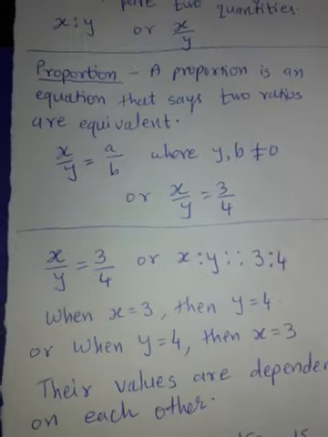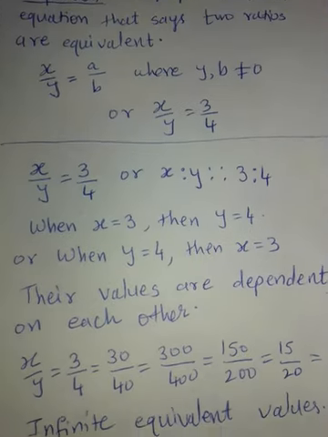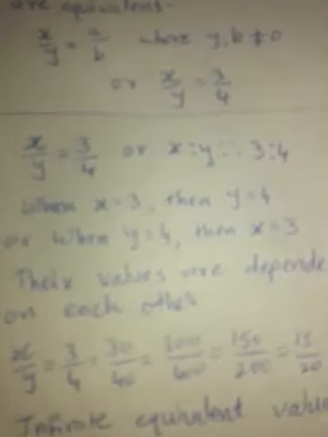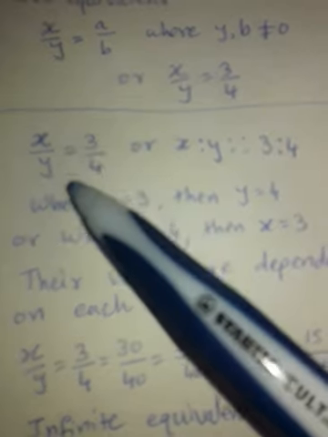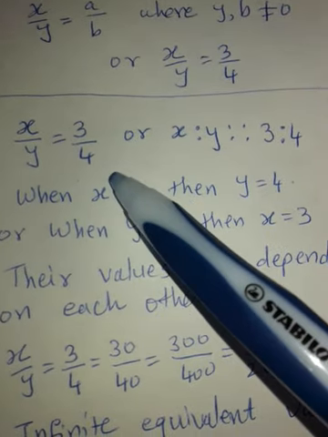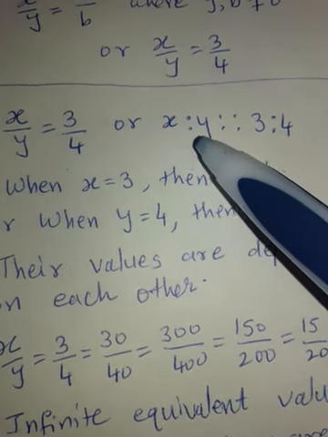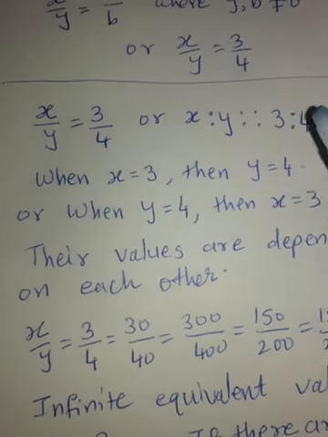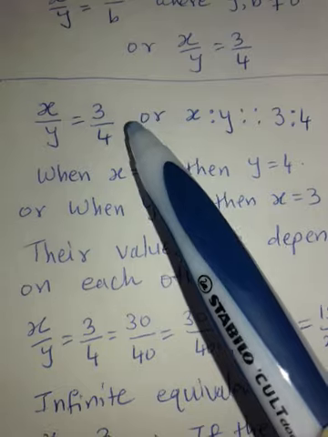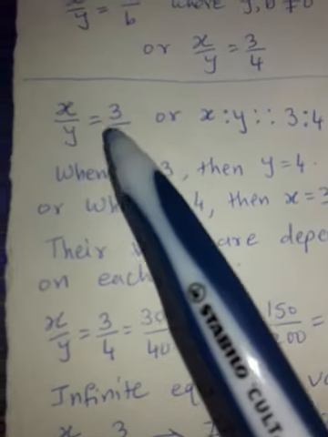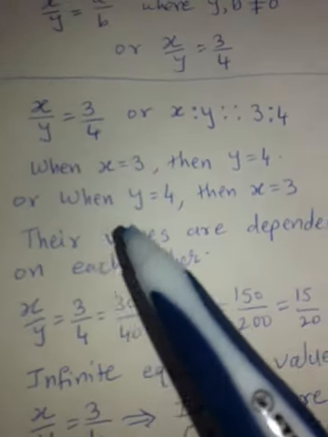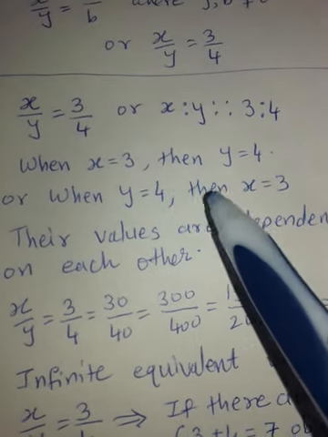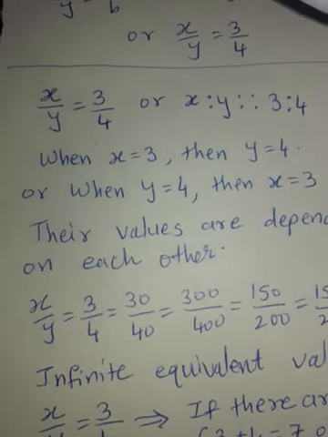So let's now see how it is used in mathematics. When I say x upon y is equal to 3 upon 4, or x is to y equivalent to 3 is to 4, it means when x is equal to 3, then y is equal to 4, or when y is equal to 4, then x is equal to 3.